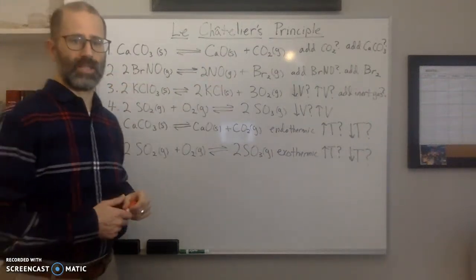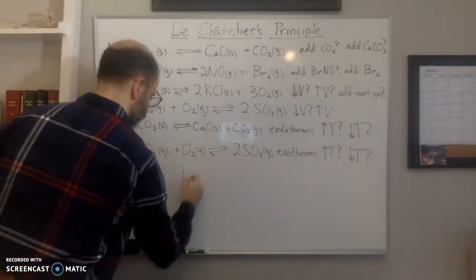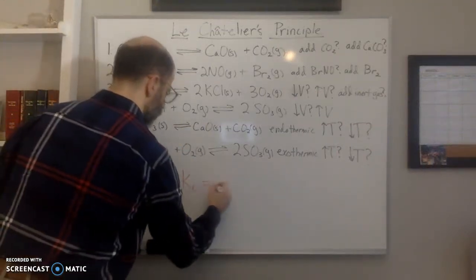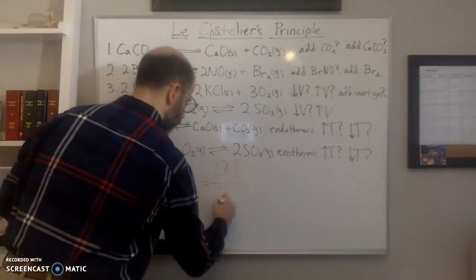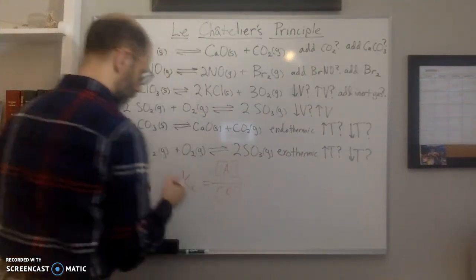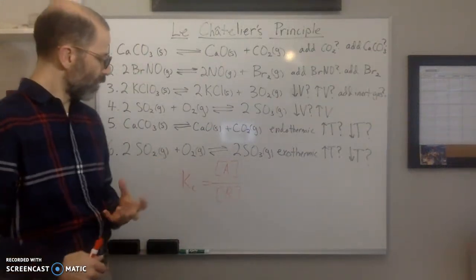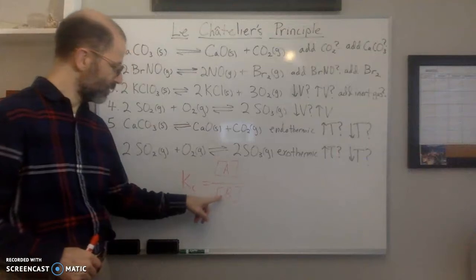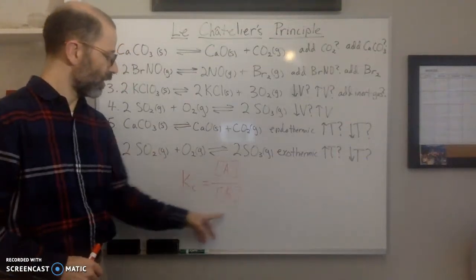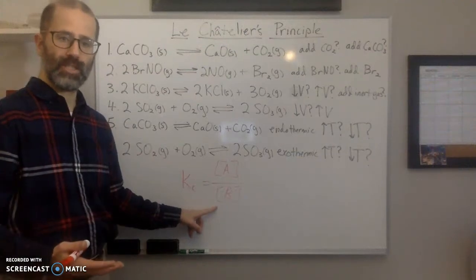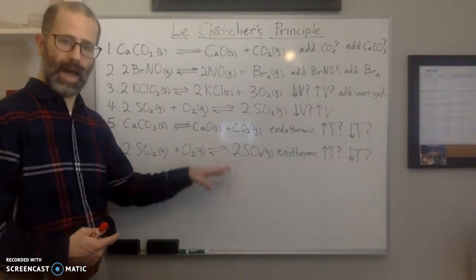The other way you can think about this is in terms of your K value, your equilibrium constant. You've got some amount A over some amount B. Remember, A is your product, B is your reactant. If I add more reactant, that means I'm increasing the denominator, decreasing the ratio. So now I'm no longer at equilibrium.